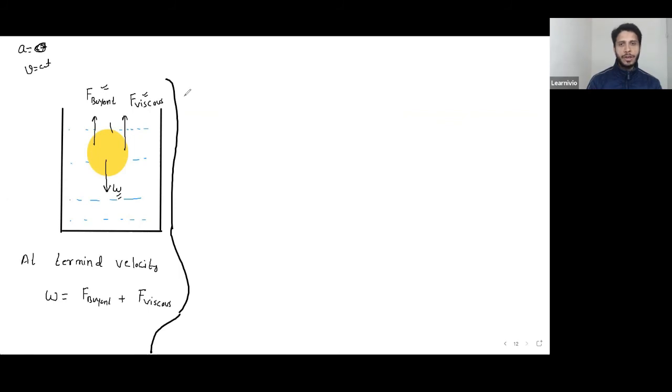Buoyant force and viscous force balance the weight of the body. What is weight? Weight is mg. Buoyant force is the weight of fluid displaced, plus the viscous force, which is 6 pi eta rv.